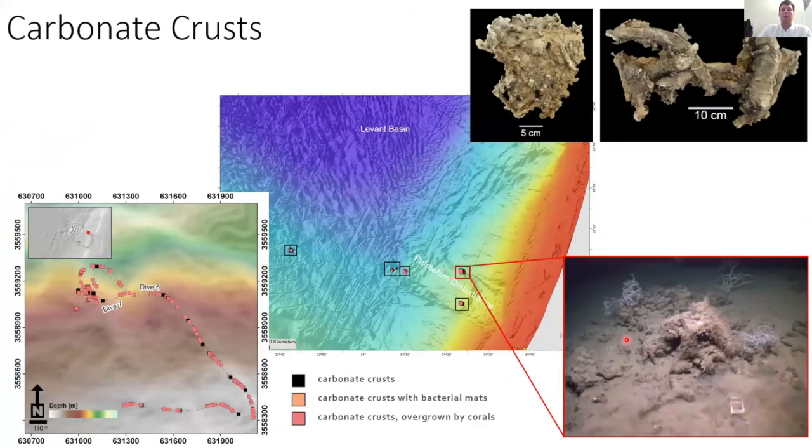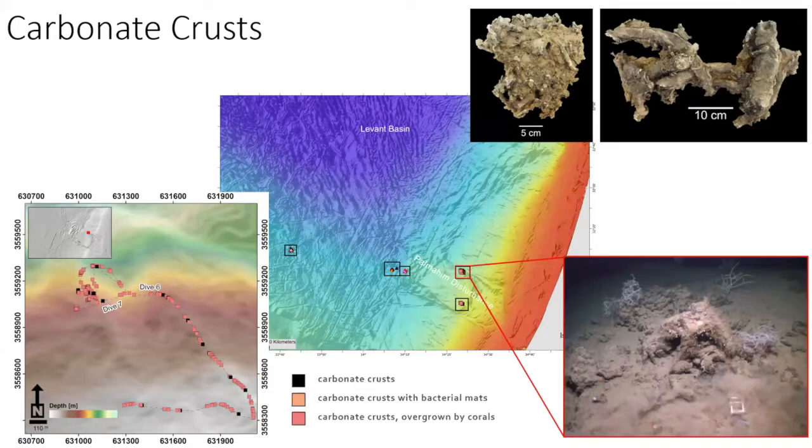Looking at the carbonate crust itself, these are two samples that were taken during the AGEO cruise in 2016. These are cemented nodules or big tubes together, found during those dives, and we mapped all the carbonates that we found.